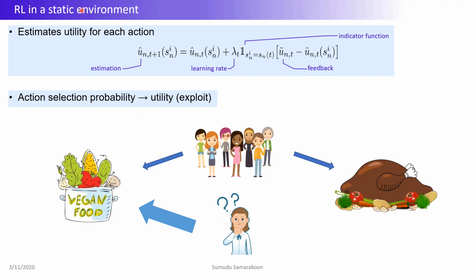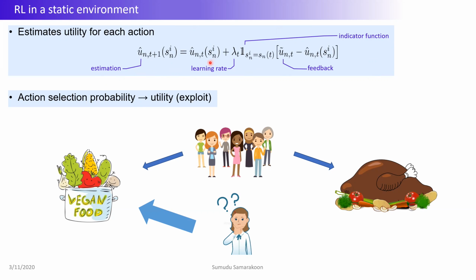If we briefly look at reinforcement learning in a static environment, the objective of the agent is to estimate the payoff, reward, or utility for a given action. This can be presented by this analytical relation. The agent has an estimation that it updates over time, from t to t plus 1.